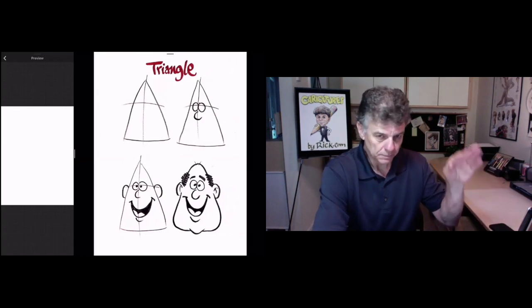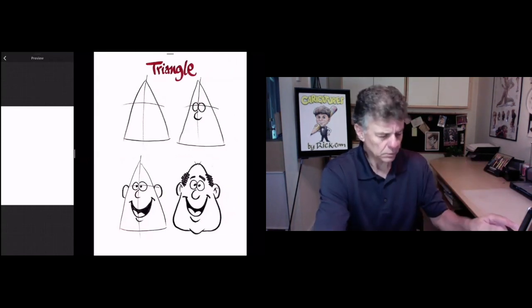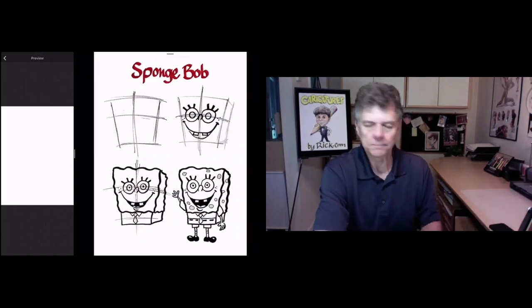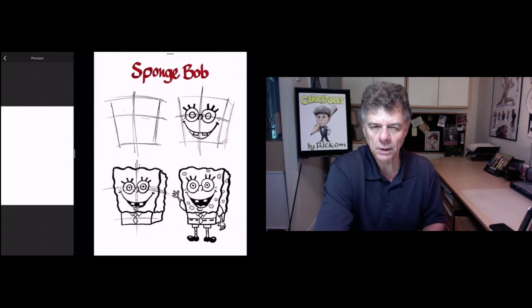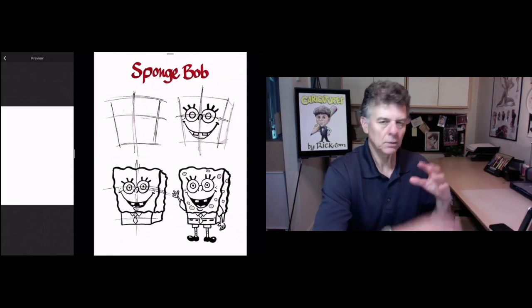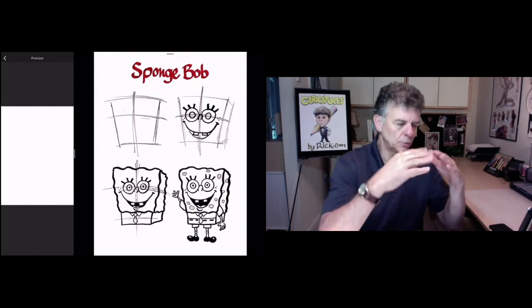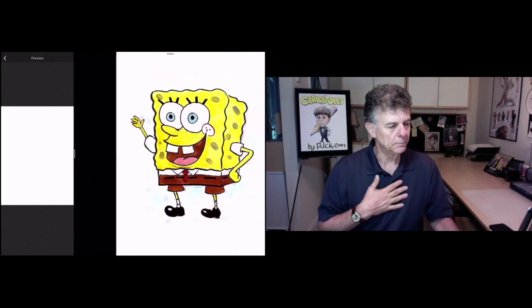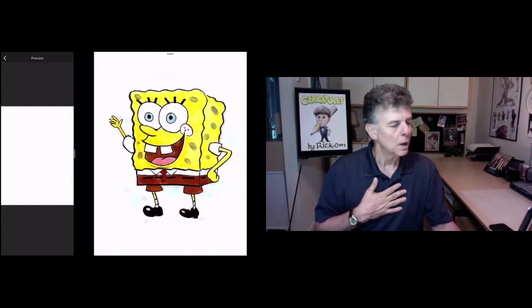We worked with the triangle, the square. We did a SpongeBob with some simple cartooning, just the eyes are all circles and squares and triangles. That's basically what he's all filled up with. And that is what we come up with.